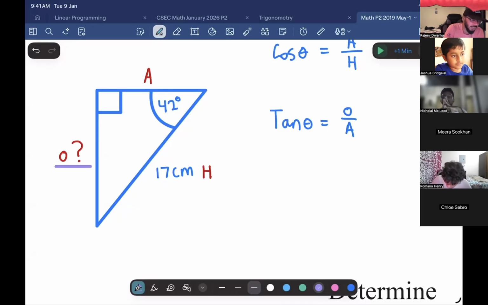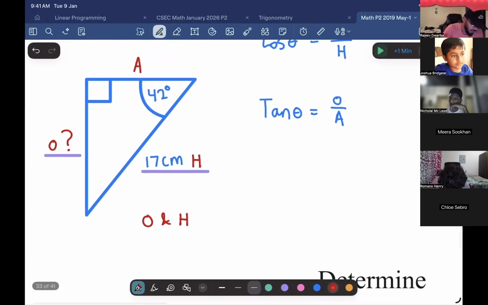In this case, we are trying to find O. I'll underline that. The next thing I'm going to underline is what I have. Chloe, what length do I have here? The hypotenuse. So I underline that next. So I ended up underlining O and H.